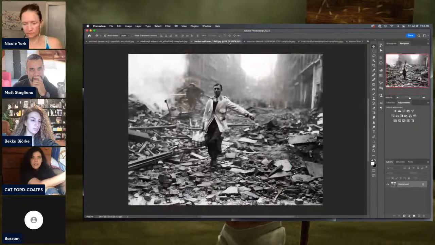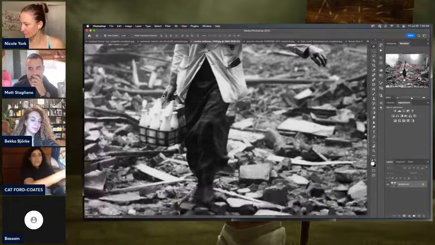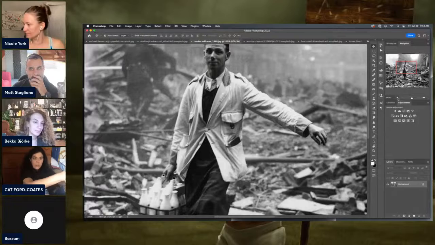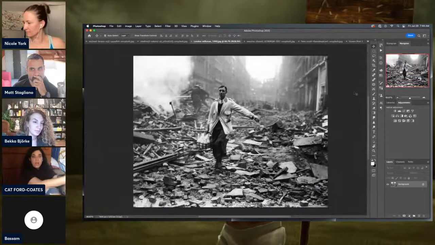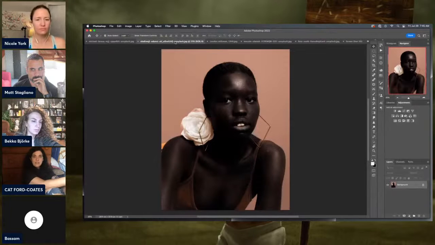Then you start to understand, okay, what is that? Is it milk? Looks like milk. Okay. So you're trying to feed people, or yourself or your family, and you're in this war zone and you can see the people fighting behind, right? All of that is communicated in the image itself. Whereas when you're in the studio setting, it's really more about what that person is trying to say versus what the photographer is saying instead.